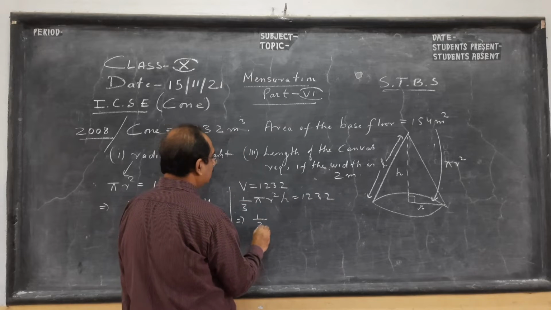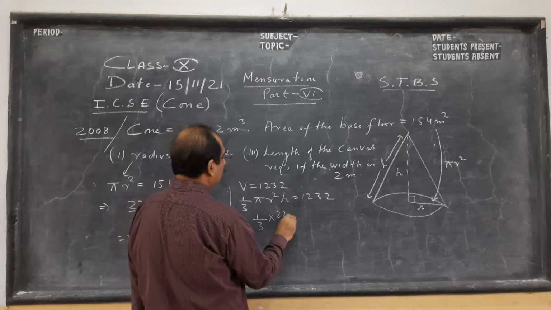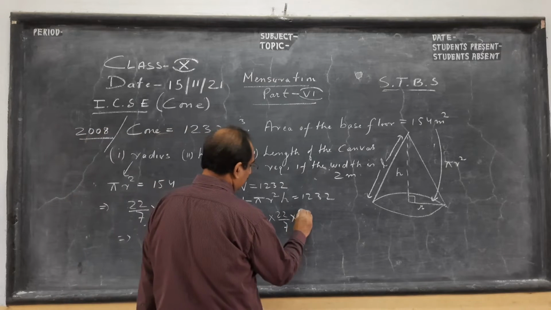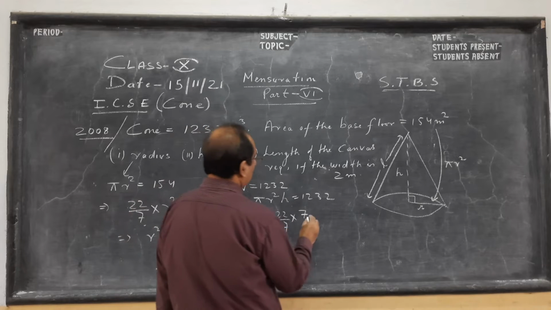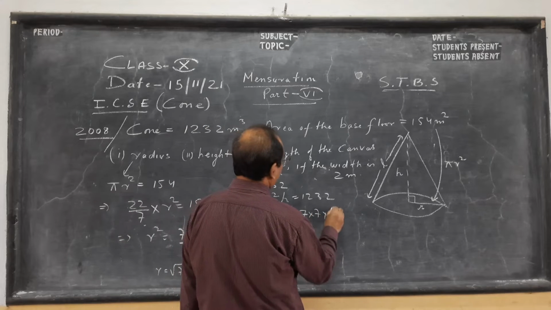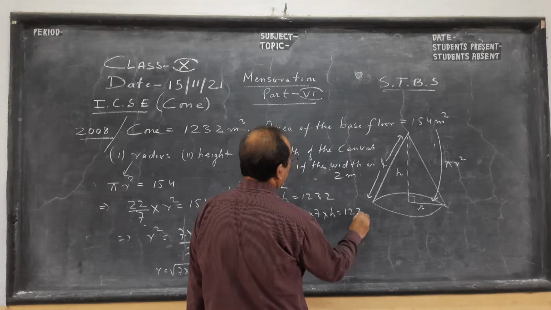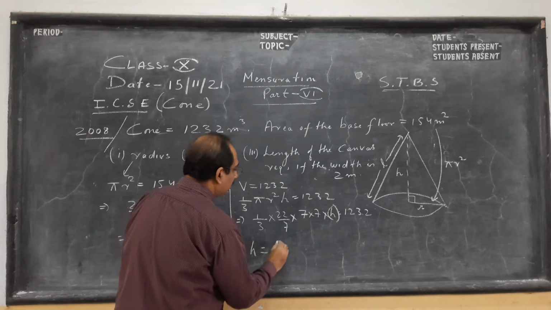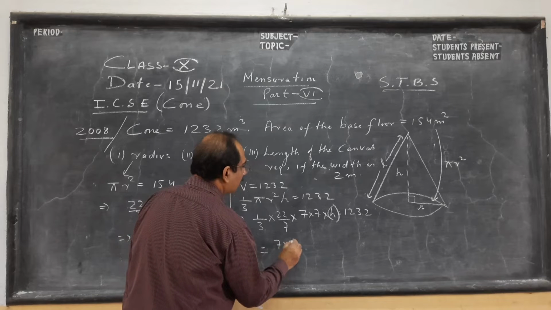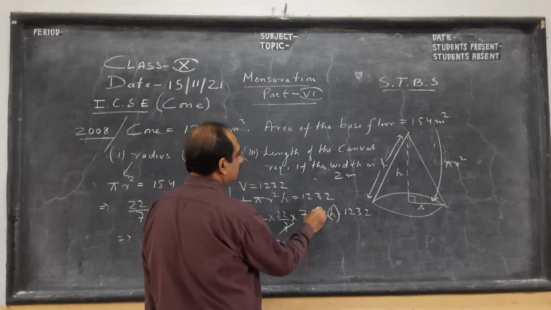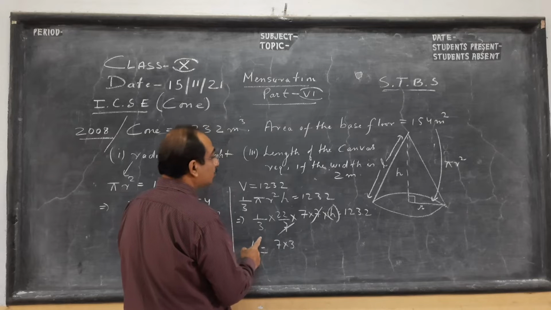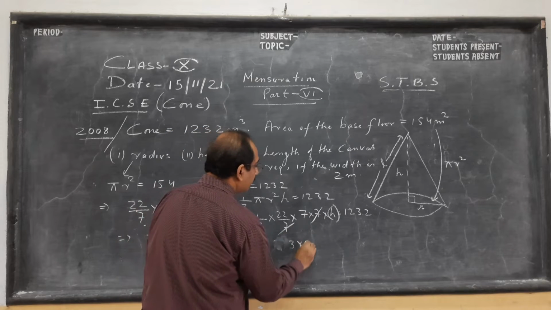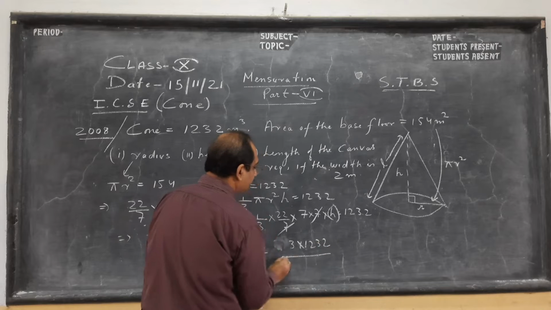Here 1/3 pi is 22/7, r is 7, children, into 7 into h, you get 1232. When you solve for h, 7 and 3 go up. One 7 cancels. So 3 goes up with 1232.